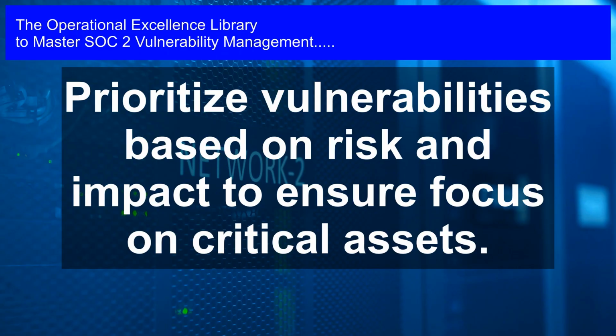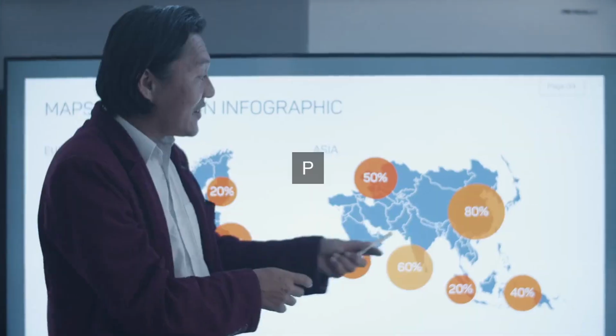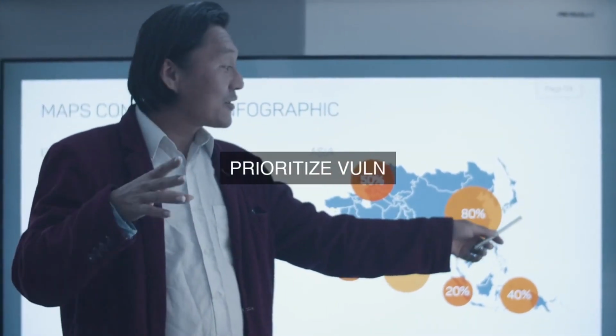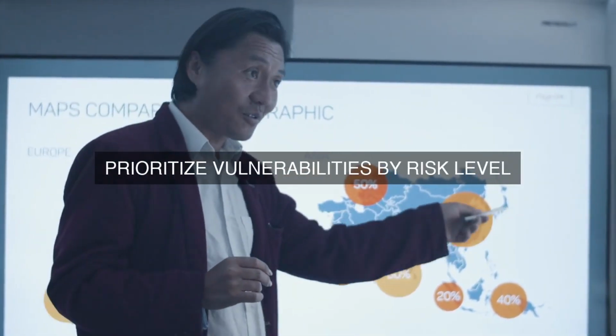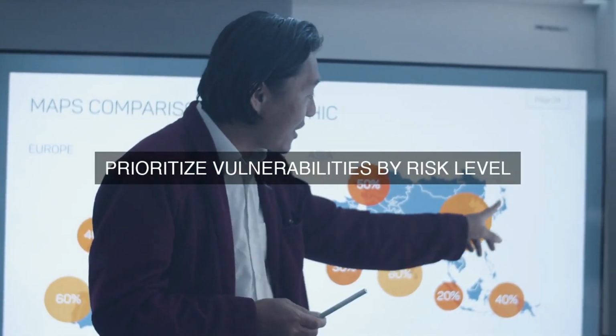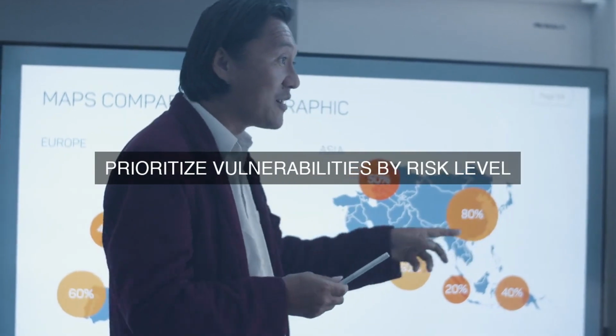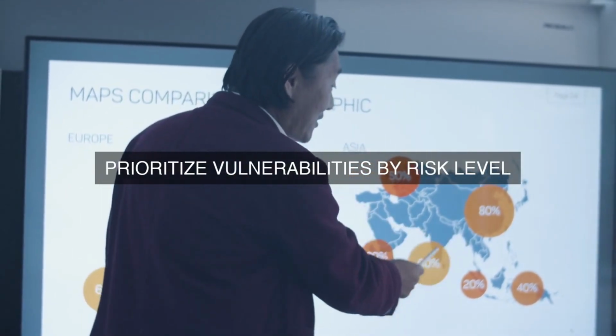5. Verification and validation. The organization verifies and validates that remediation and mitigation efforts have been successful in addressing identified vulnerabilities. This is achieved through regular vulnerability scanning, penetration testing, and code reviews to ensure that the vulnerabilities have been properly addressed and that new vulnerabilities have not been introduced. 6.